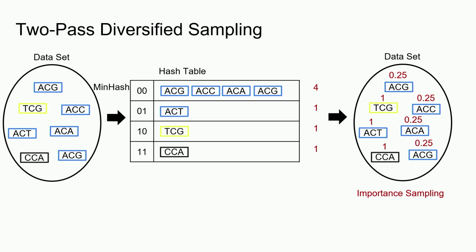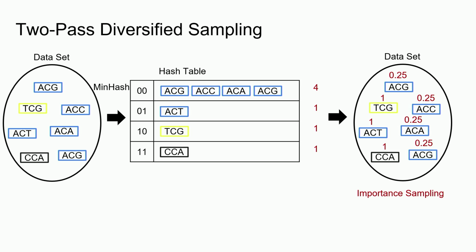For example, in the first bucket, we have 4 counts. And in the second bucket, we just have 1. So here we can see that a lot of similar sequences are falling in the same hash bucket. Then we take the reciprocal of the bucket count as their weight.